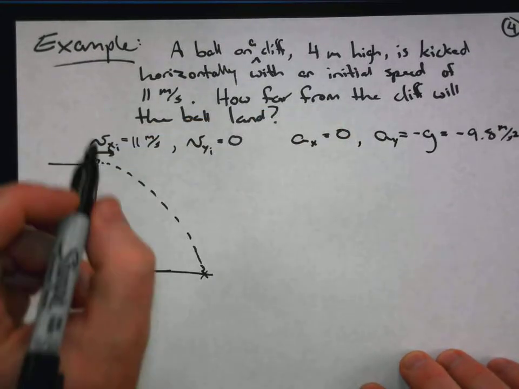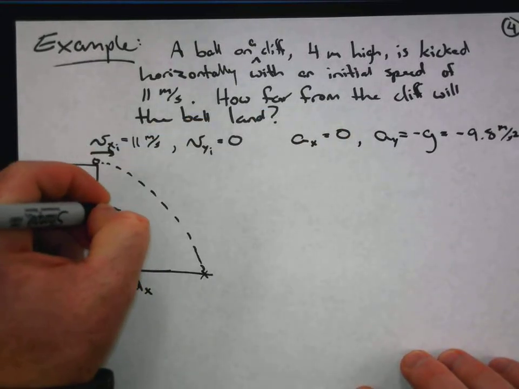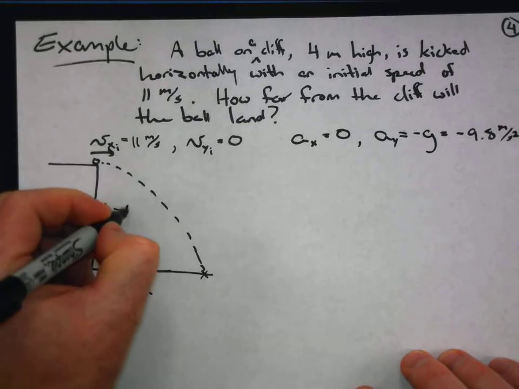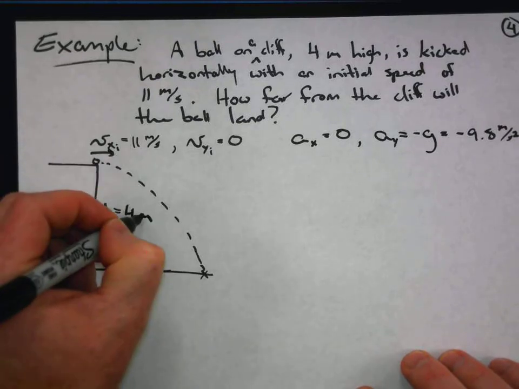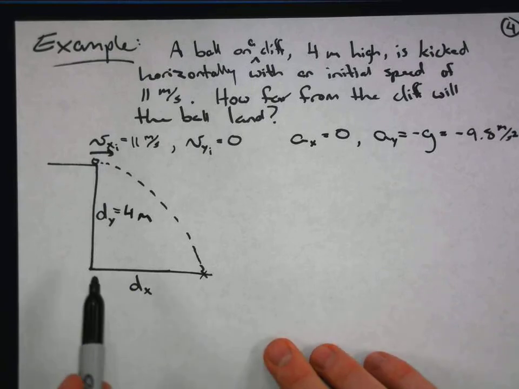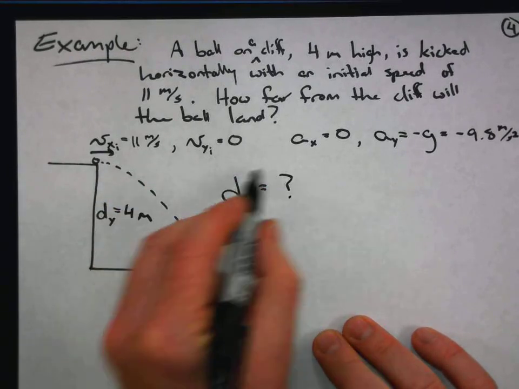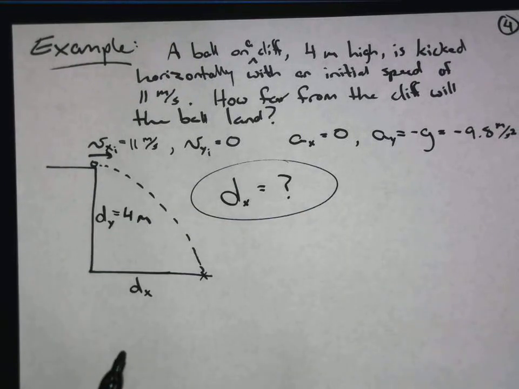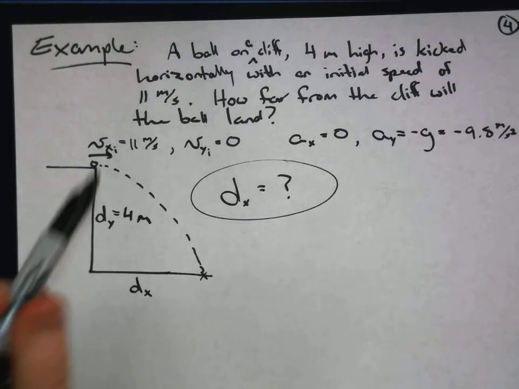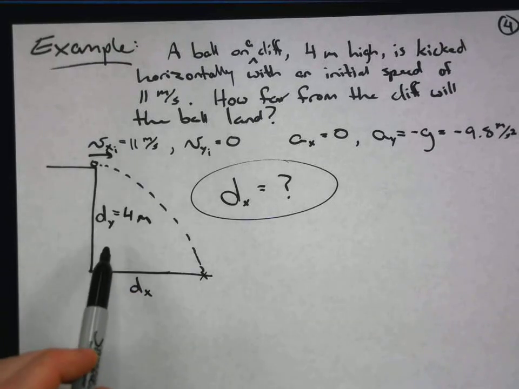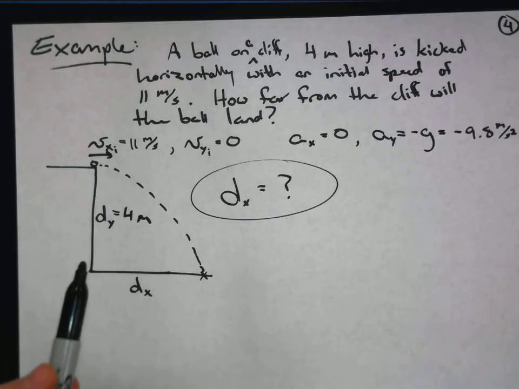Now I know one other number, and it is this value. The cliff is 4 meters high. And the question ultimately is looking for that distance. That's what I want to know. Now you might say to yourself, well, okay, brilliant. I have a speed, I have a distance, I should be able to find a time. But go back to those tips for problem solving.